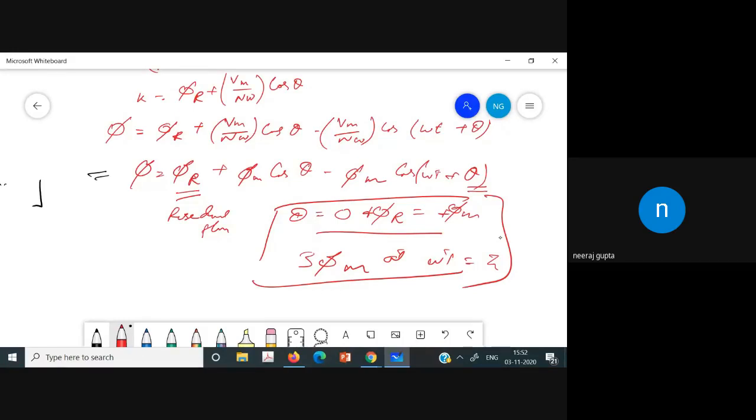Now, to satisfy the demand of this 3 phi m, the transformer primary draws a very large magnetizing current with a peaky non-sinusoidal waveform that we have discussed in the diagram also. So, this is the inrush.